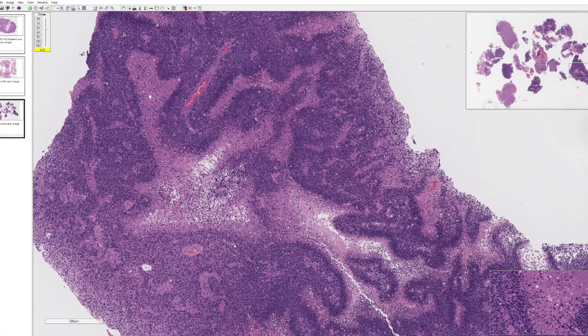So let's end there, and we'll pick up more of the biology of glioblastoma in future episodes. So hopefully that was informative.